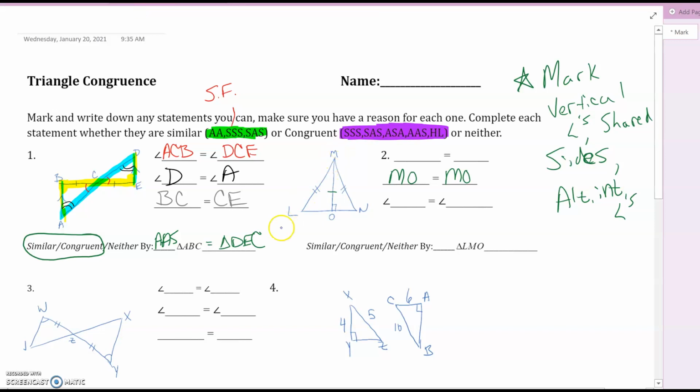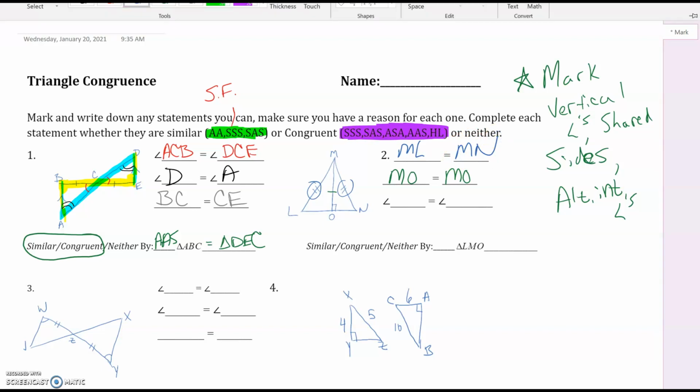Next thing I see is these guys, so I can say ML is equal to MN. Then I've got this bottom guy. I've got these angles down here. Again, not just angle O: MOL equals MON.